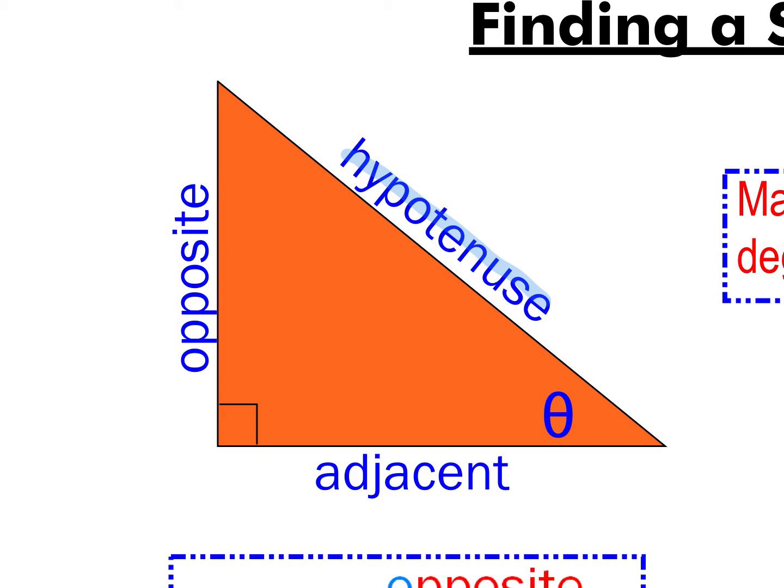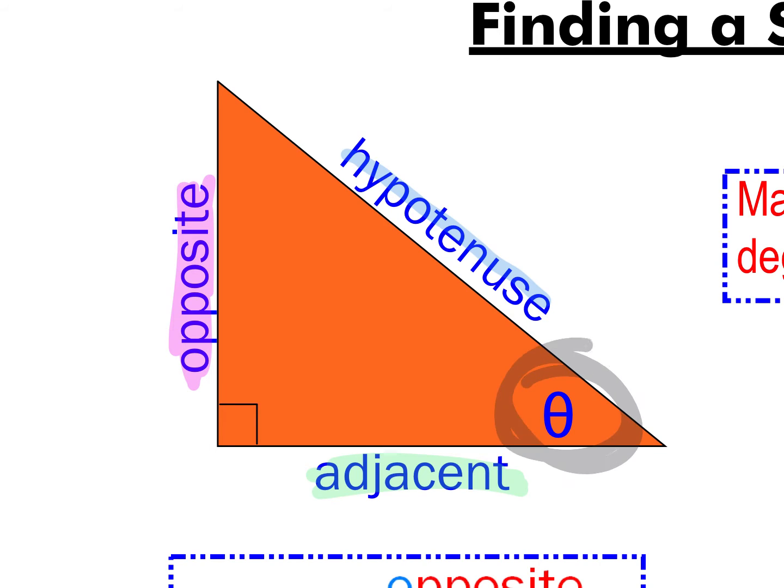And then there's also the adjacent and the opposite. And the adjacent and the opposite are dependent on what angle we know, and specifically the location of that angle. So what do I mean by that?